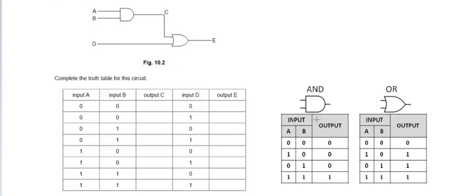The truth table for the AND gate is given over here for reference, and the truth table for the OR gate is also given here for reference. It is a very simple circuit. If you go step by step, you will feel it is very easy.